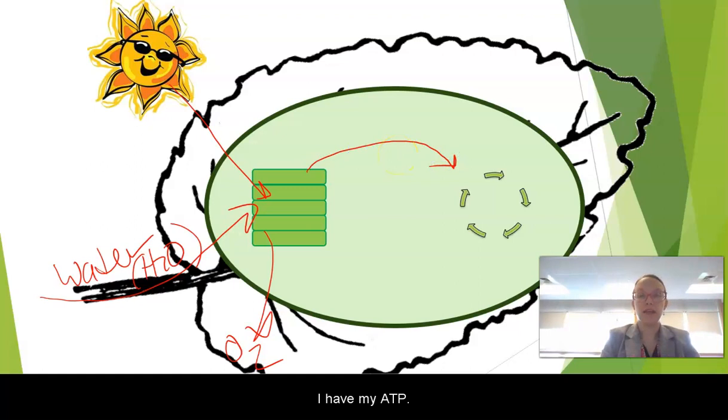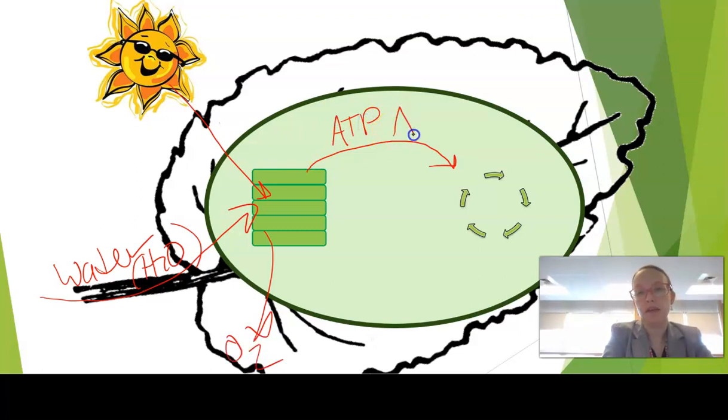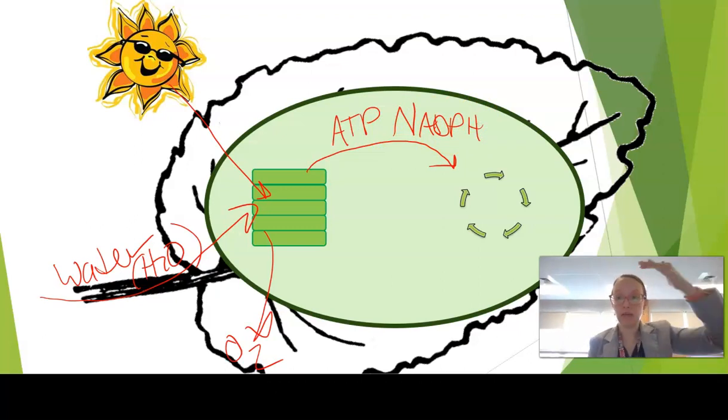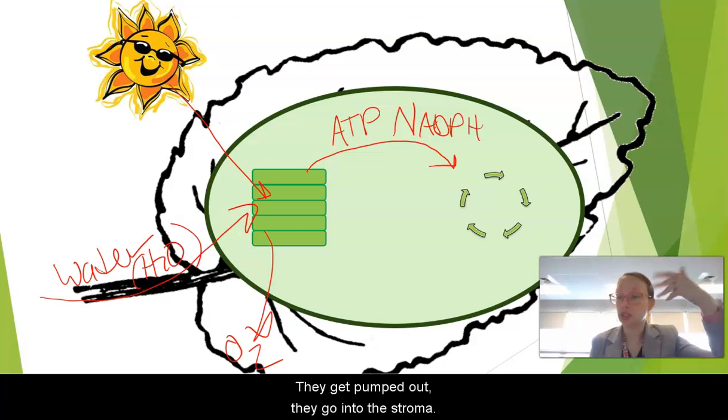Remember I have my ATP, I make ATP, and NADPH. So my ATP gets produced and my NADPH get made. They pump out, they come out of the thylakoid, they go into the stroma.